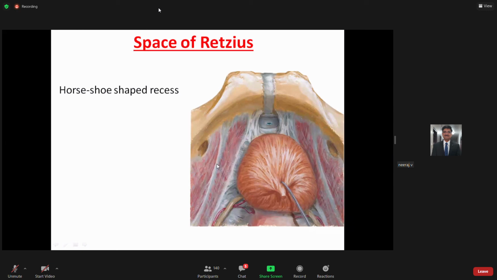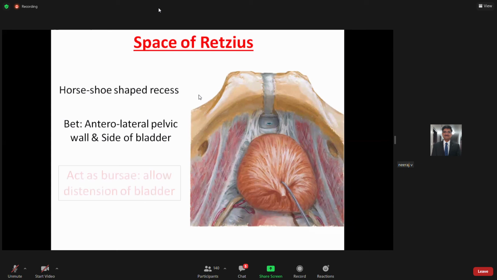This potential space is the space of Retzius, a horseshoe-shaped recess, and this acts as a bursa which allows distension of the urinary bladder.